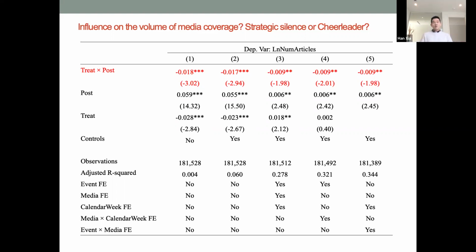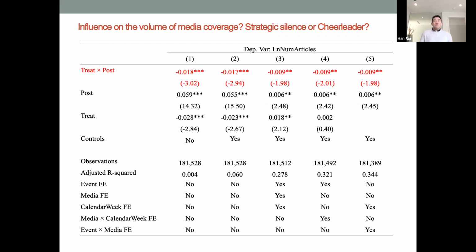In order to help the different firms, they actually want to become the cheerleaders and they want to say more about the different firm. We take that as an empirical question, and now we change the dependent variable of our regressions to the number of articles. And we find that it's more of a strategic silence story.